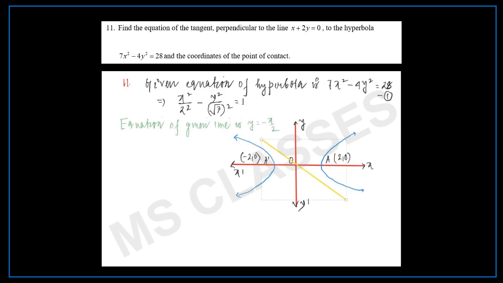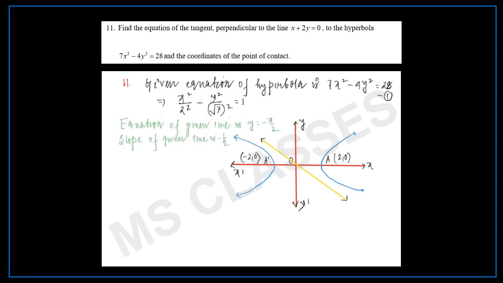This is the equation of the line given to us, to which the required tangents are perpendicular. Why am I saying tangents? Because you can easily understand here two tangents are possible. Now the slope of the given line is minus half.